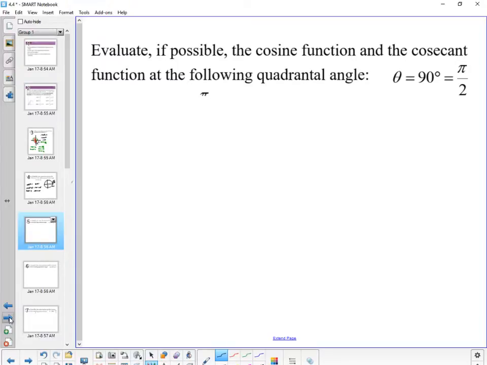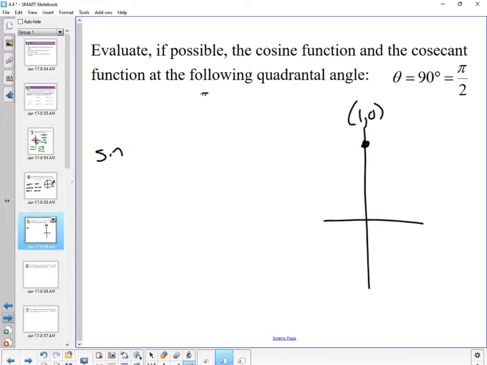Okay, let's do this one real quick. Here's my point. This is 1, 0, right? So sine will be, oh sorry, that should be sine pi halves. What's my sine at pi halves? 1.